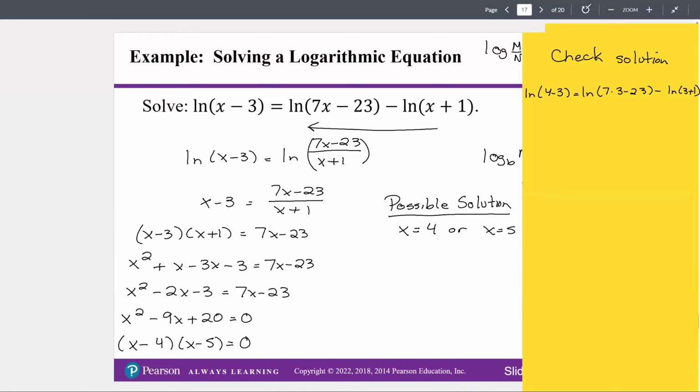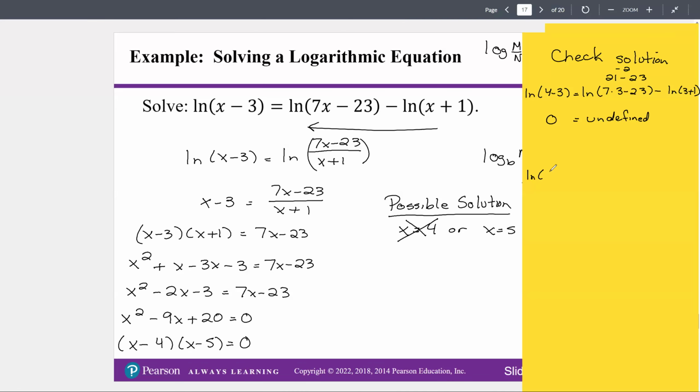We're going to stick that in our calculator, both sides, to see what we get. So this is why we need to definitely check our answers. So this side is going to equal 0, but this side is going to be undefined, because what we're going to get here is a 28 minus 23... so we're going to end up with a negative 2 in one of these. So we're going to do a natural log of negative 2, which makes it undefined. So this is not a possible solution.